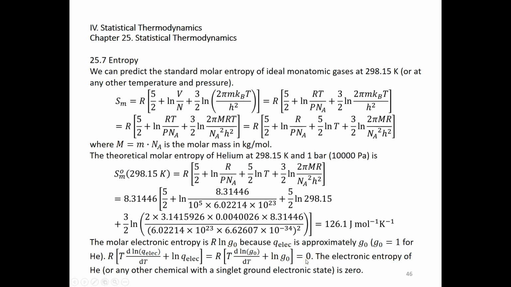And therefore the entropy is just 0 regarding its electronic distribution. The electronic entropy of helium is simply 0. Usually if you look at any other chemical with a singlet ground electronic state, its entropy is usually just 0, unless, with rare exceptions, this chemical has some excited states only slightly above the ground electronic state.